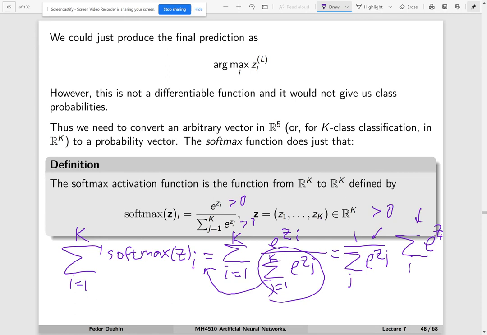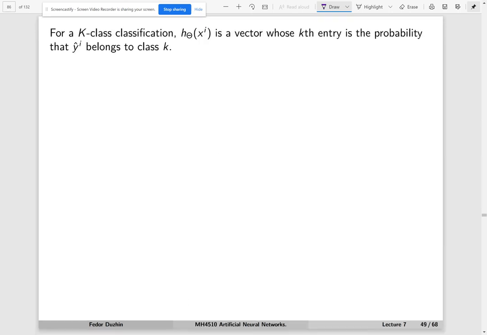So this is really the sum of e to the z_i divided by the same thing, and this is 1. Okay, so correct. Every entry of the output of the softmax function is positive, and the sum of the entries is 1, which means it is correct. It is a function from all vectors in R^5 to the probability vectors in R^5.